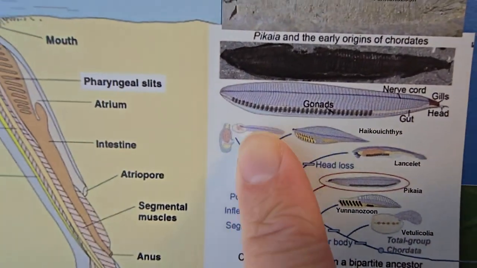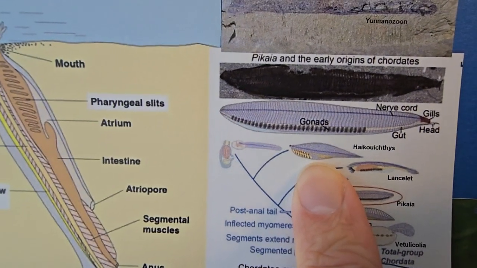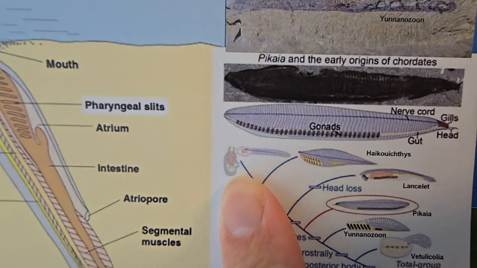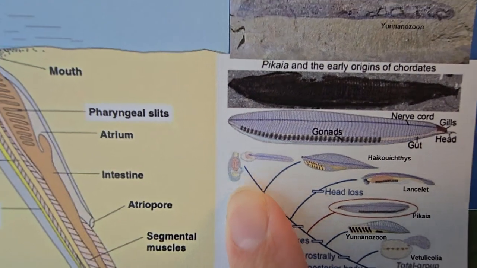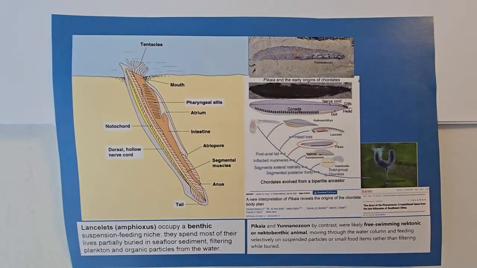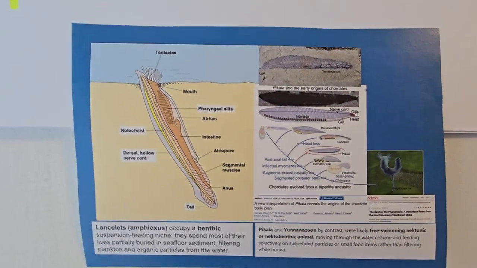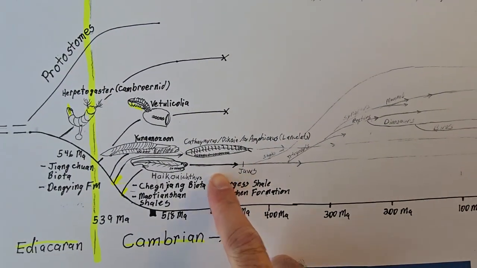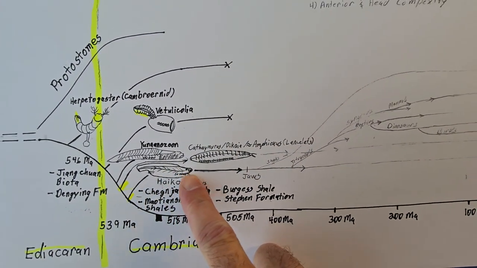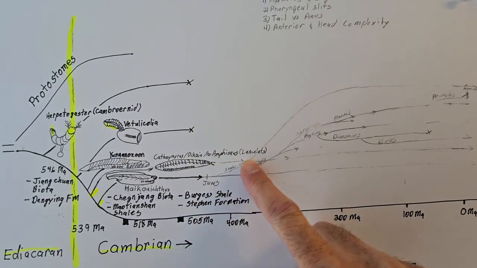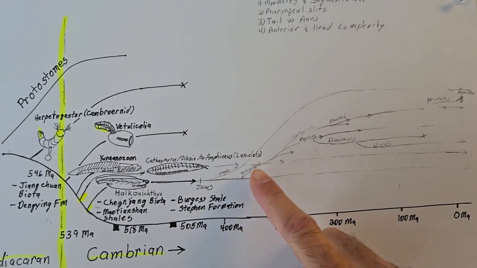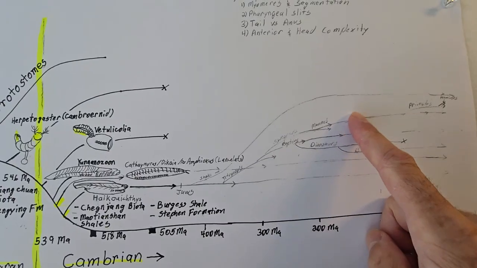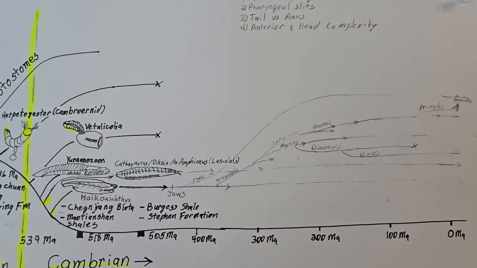Tunicates are even more extreme. Their larval form is very vertebrate-like, but then their body is a sessile filter feeder. So again, this regressive evolutionary pattern is kind of an arms race, and here's what I think is going on. So basically these vertebrates like Haikouichthys, you know, they take off into sharks, they take off into fish, mammals that become free-swimming whales and dolphins.